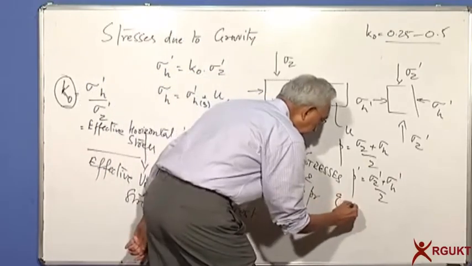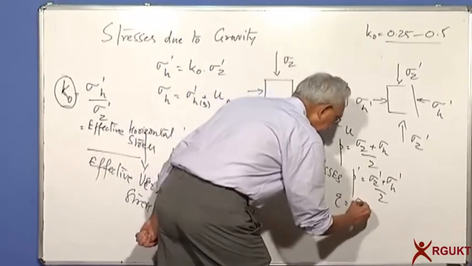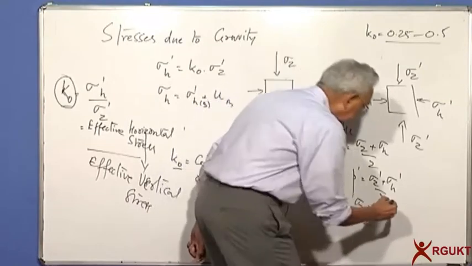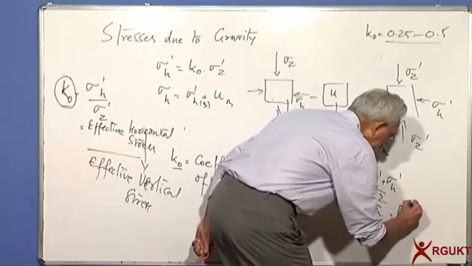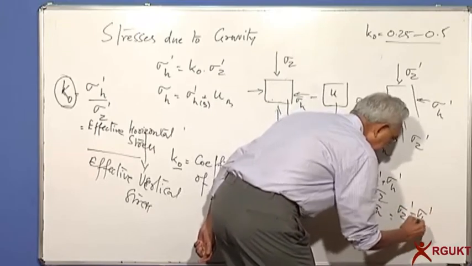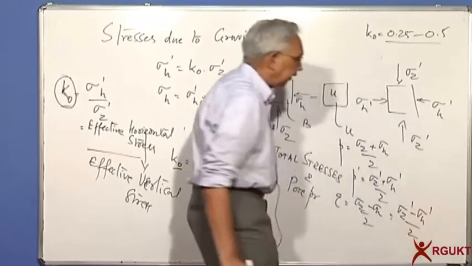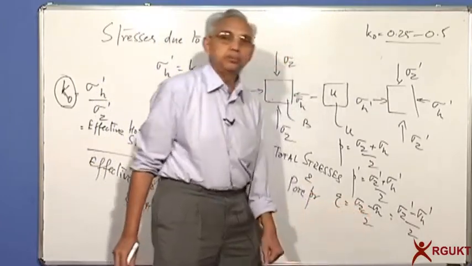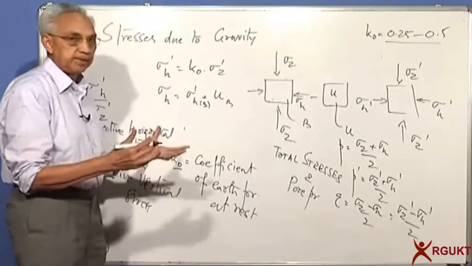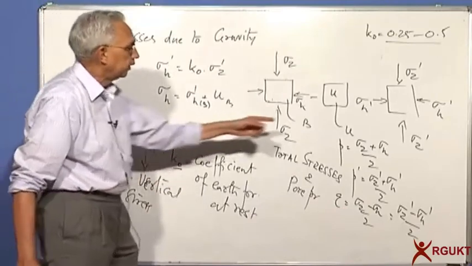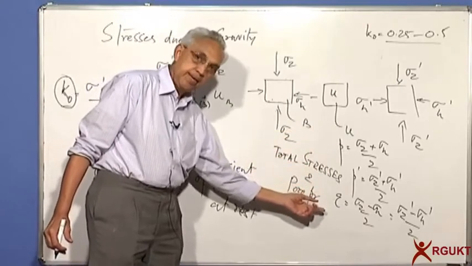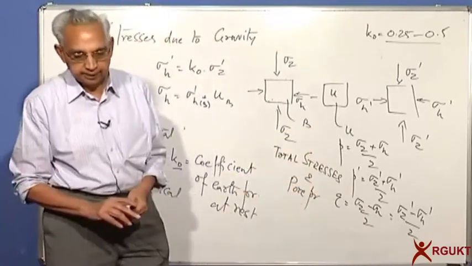Q, half the difference, would be sigma z minus sigma h by 2, which is also equal to sigma z prime minus sigma h prime by 2. The reason is, you can see that the difference between the two principal stresses will be exactly the same because you are subtracting the same parameter, the pore pressure u.